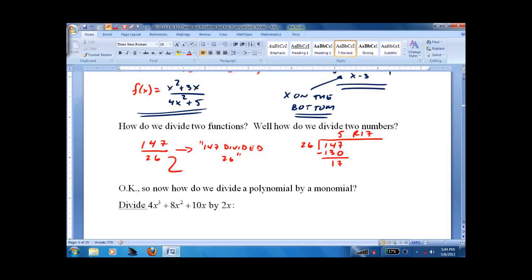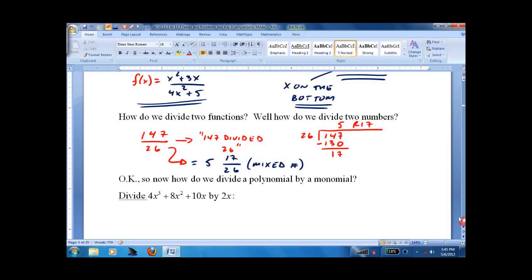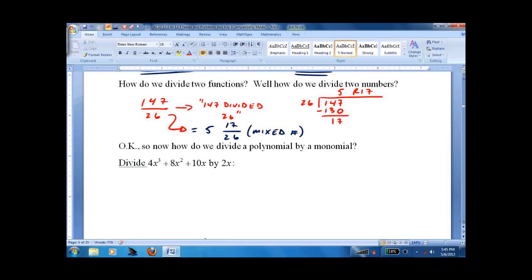So this would be equal to 5 and a remainder of 17 over 26. What we would call a mixed number. We can do the same exact thing for a polynomial divided by a monomial, divided by a binomial.